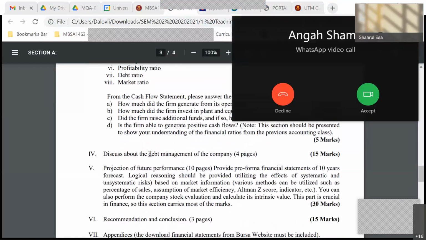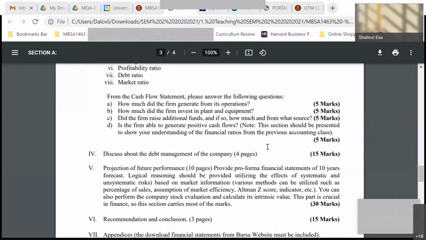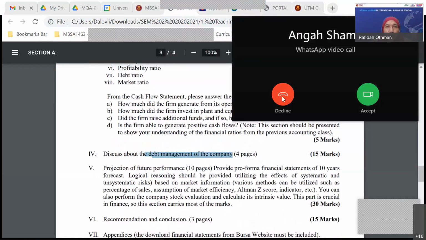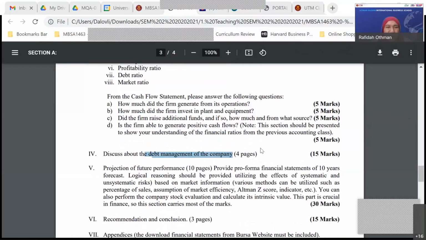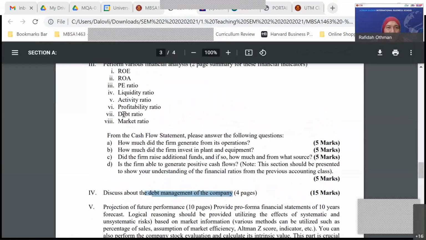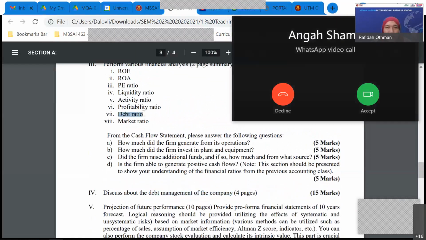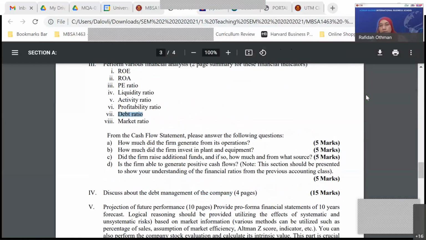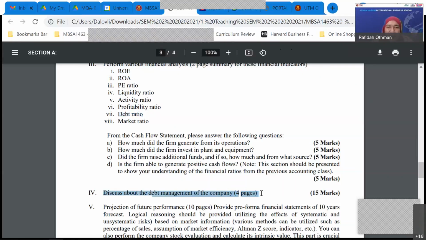Okay. So debt management, we are looking at debt management of the company. So how are you going to answer this question? Is actually by looking at the debt ratio here. All right. So you have to look at the debt ratio, and you have to look into the company's debt management.